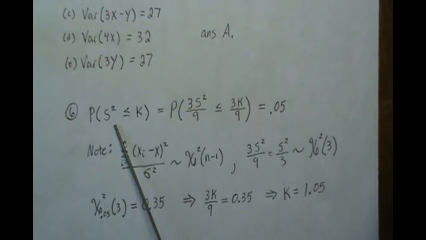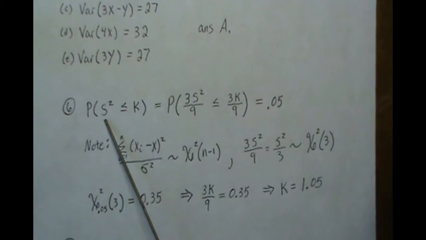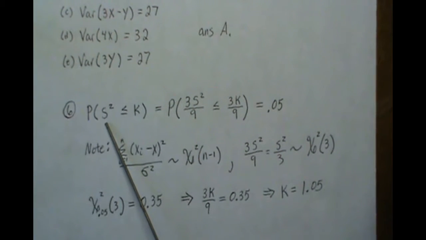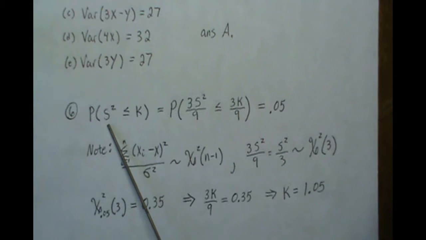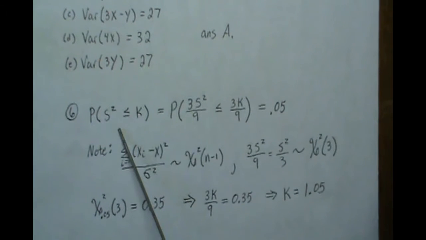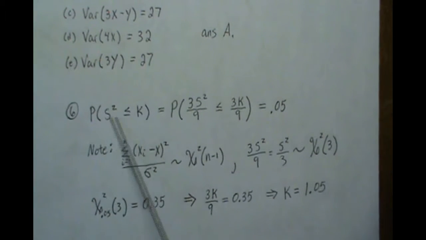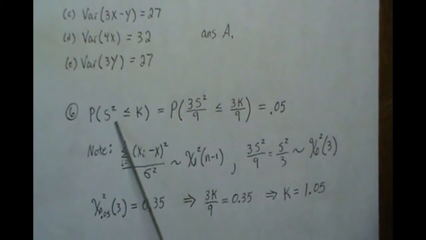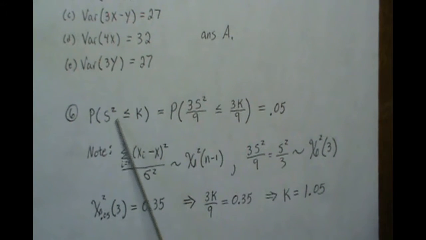So here, we have a sample of 4, and we want to make this a chi-squared.